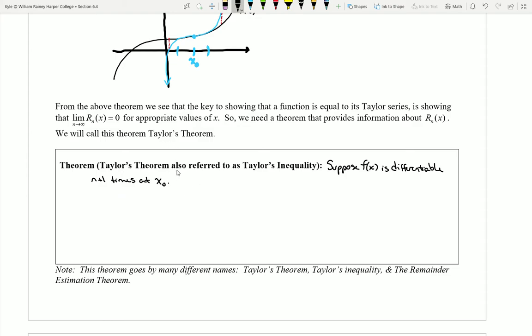If we can do that, and if we can do something else, we can make a really powerful conclusion. Here's the second thing we need to guarantee before we get a nice conclusion.